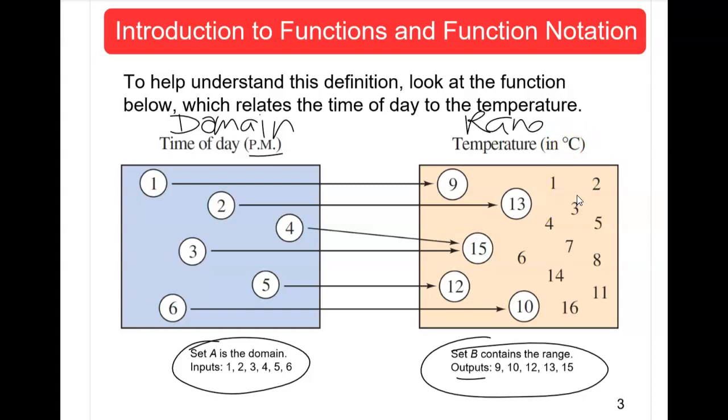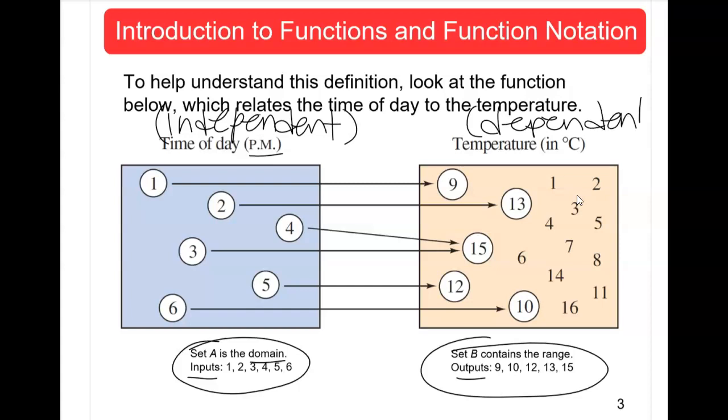I know we already have it. And also we could say, since we already have domain and range, let's add the other words that we're missing. We have inputs, we have domain. So the time of the day is actually the independent variable, and the temperature is going to be the dependent variable. So I want you to get used to those words as well.